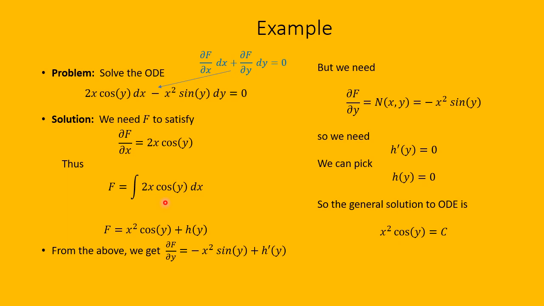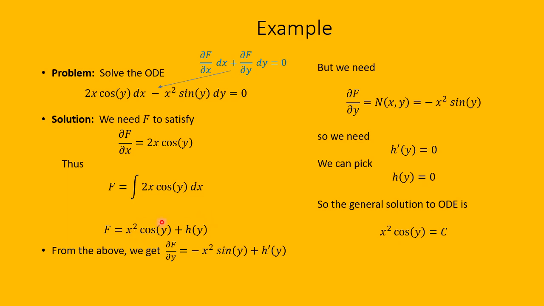So if we integrate a constant times 2x, we get that constant times x squared, plus an arbitrary constant. But from what we saw before, this is going to be an arbitrary function of y. We can add anything here, and it'll still satisfy this equation, because when we differentiate this thing with respect to x, we'll just get 0.